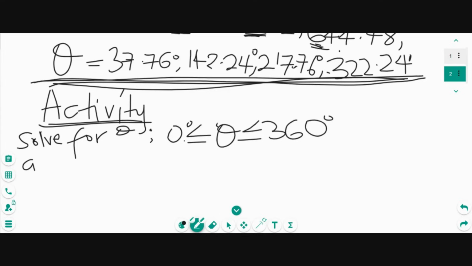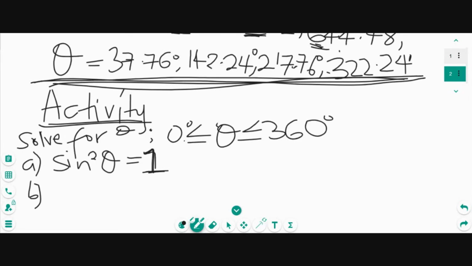And the first question you're going to do is sine squared theta is equal to 1. We solve for theta in that equation. This is 1, not 7.